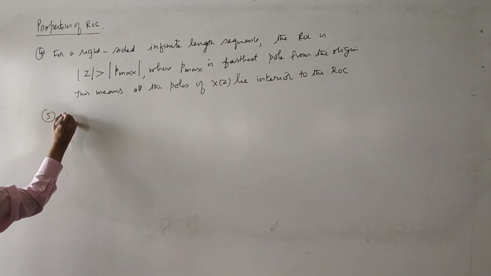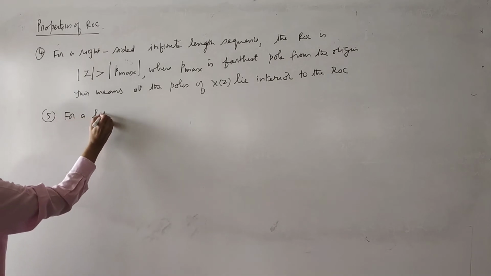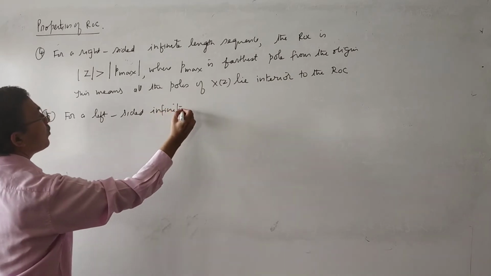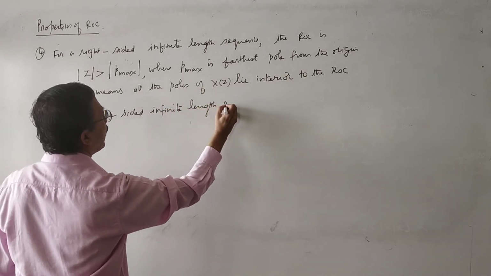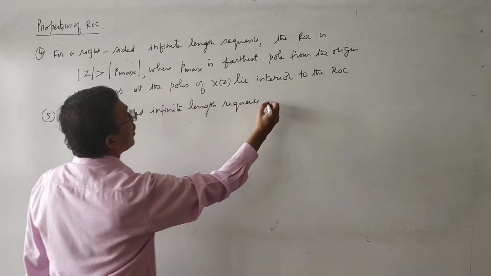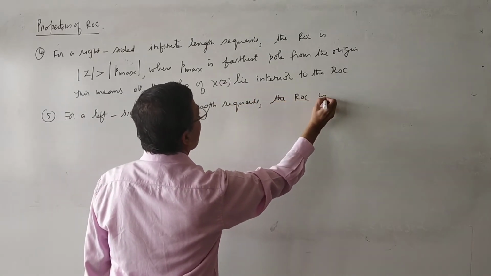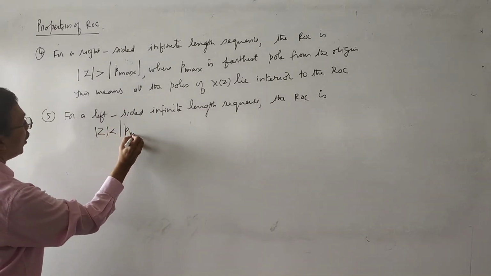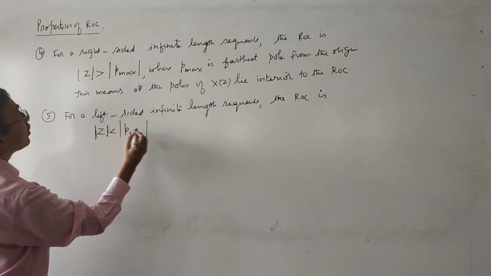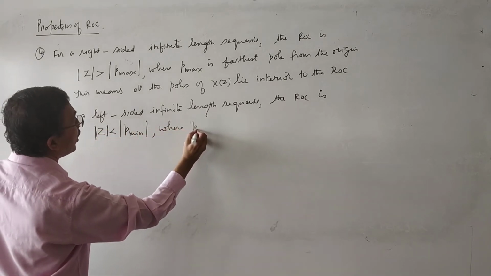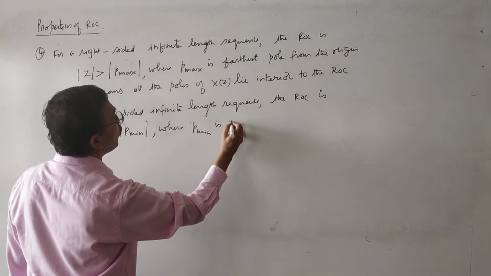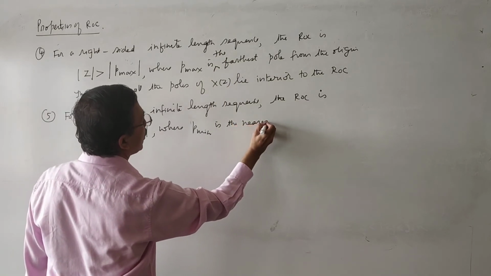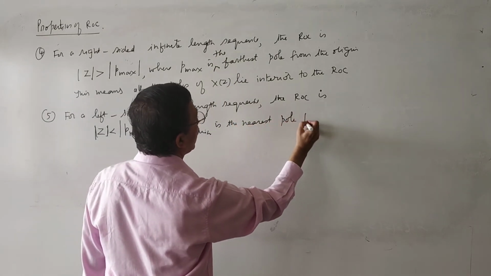Fifth one, for a left-sided infinite length sequence, the ROC is mod z less than magnitude of P min, where P min is the nearest pole from the origin.